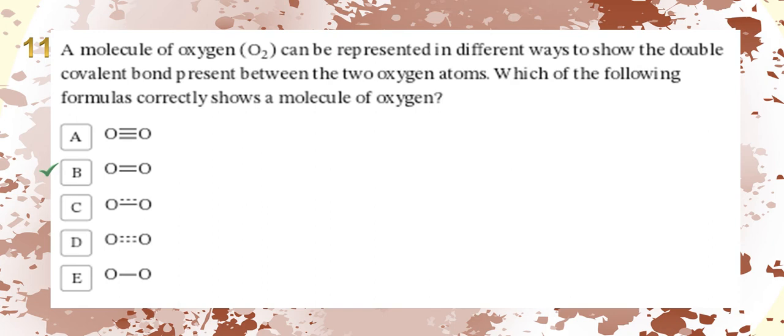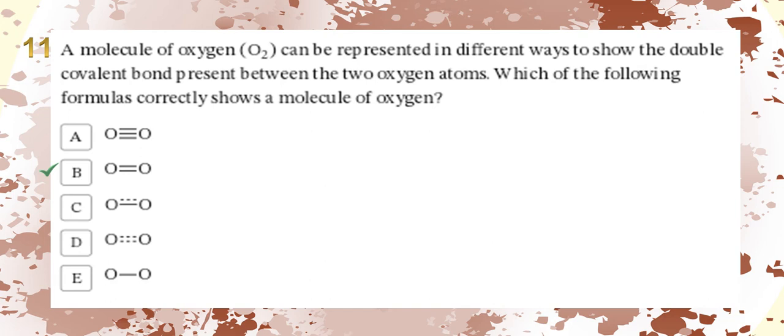Each one shares 2 electrons with the same behavior as they are similar atoms. Here we have weak, no, and one single, it's wrong. So the right answer will be O double bond O.